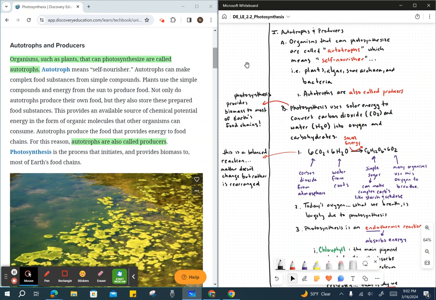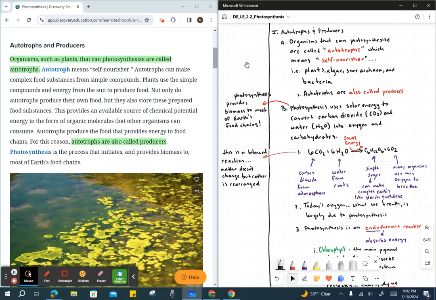You understand photosynthesis. You think about plants doing photosynthesis. They're called autotrophs. Troph means to eat, auto means self. So these are self eaters or self nourishers. They can make food for themselves.